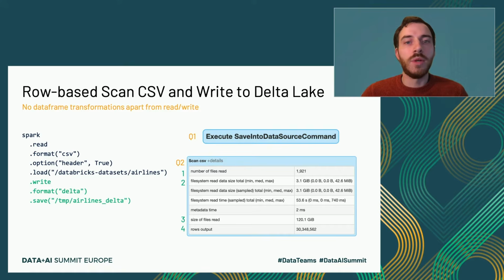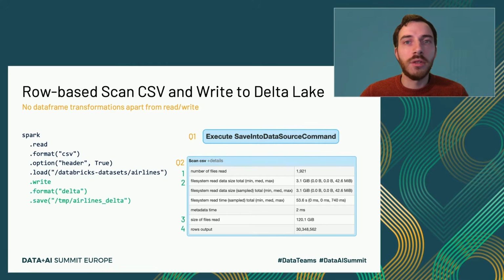As you can see on the right, at the scan CSV operator, there are quite a lot of metrics here, and you can use these metrics to detect potential performance issues in your setup. If we look at these metrics, I put numbers here, 1, 2, 3, 4.